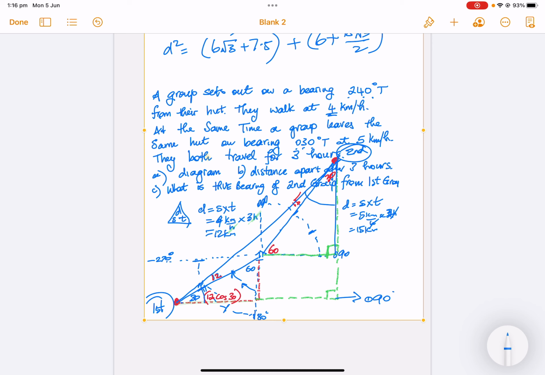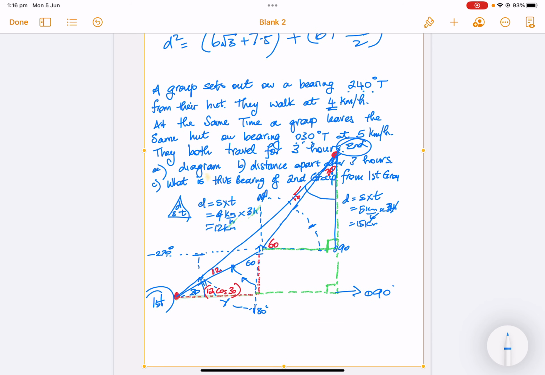We get that angle by doing tan of alpha equals opposite, which was 15 root 3 over 2 plus 6, over adjacent, which was 6 root 3 plus 7.5.